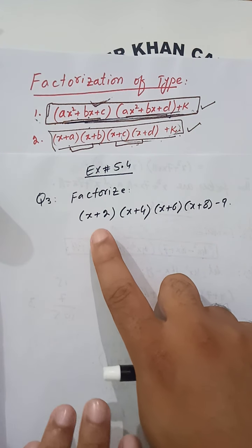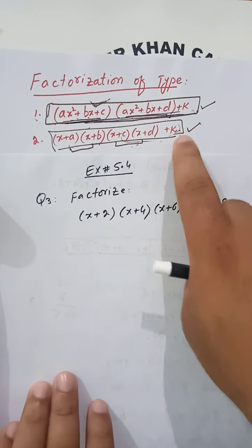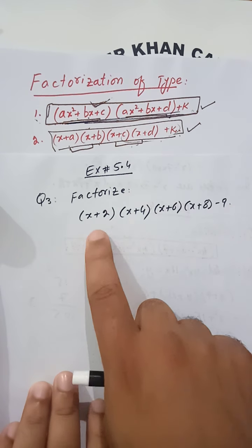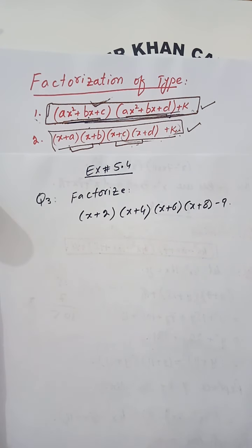So you see that this is of type 2. You see that 4 linear factors are in multiplication. So you need to multiply two linear factors with each other, but you must look at the constants; the sums of the constants of the 2 that you are multiplying must equal those of the other 2.